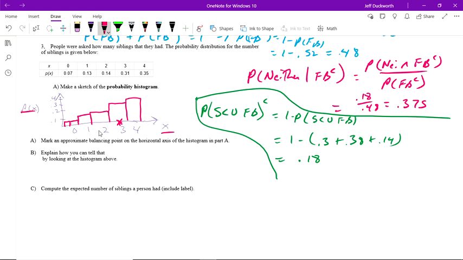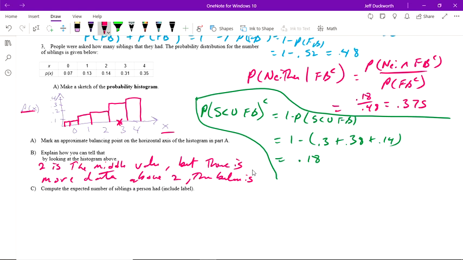We know it's going to be above 2 because there's more stuff at the 3 and 4, and that's basically what we can say for B. So 2 is the middle value, but there's more data above 2 than below it.